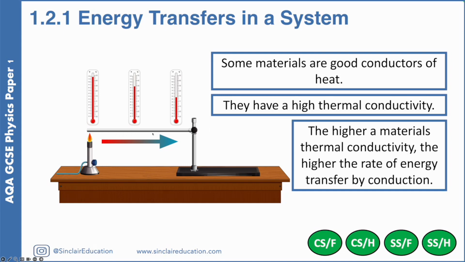One of the ways we can test this is we can have, for example, different metal rods of different materials, and we can have something heating one end. And what will often happen is we may attach a ball of wax that will melt when it gets hot at a fixed distance away. And we can see the best conductor by which one has the wax drop off first.